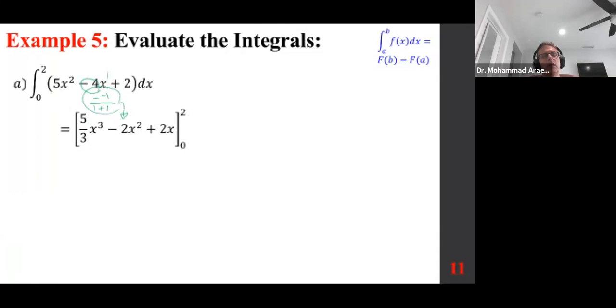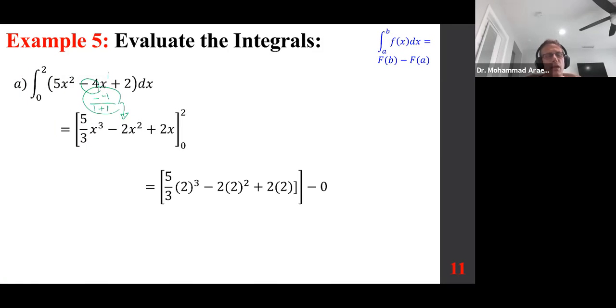We are plugging in the upper limit 2 and the lower limit 0. Needless to say, when we plug in 0, we get 0. This is 8 minus, this is 2 times 2 squared, that is also 8. So what you're looking at, 5 thirds times 8, 40 thirds.